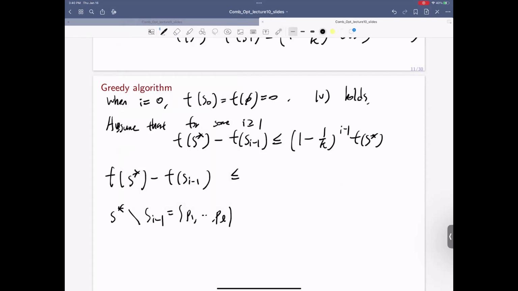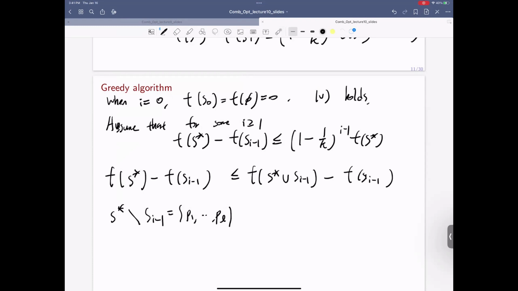So this is at most f of S star union S_{i-1} minus f of S_{i-1}. And this is because my function is assumed to be monotone. You take a subset larger than S star, and we kept S_{i-1} the same. So we have this inequality by the monotonicity property.